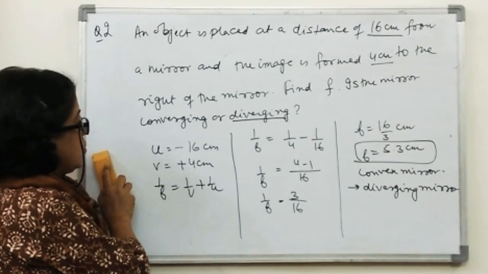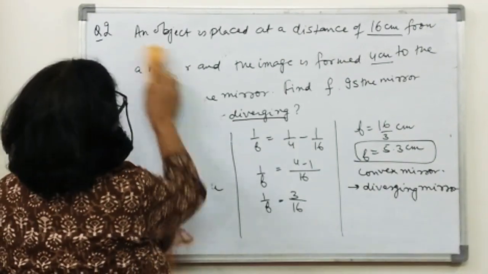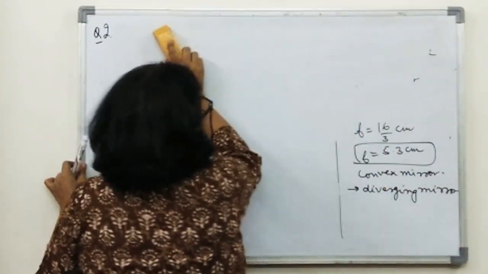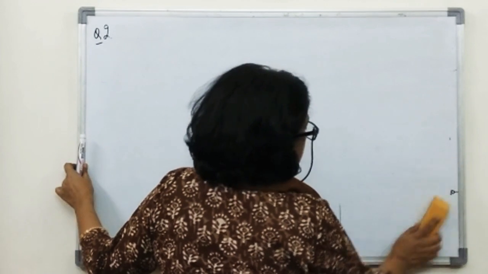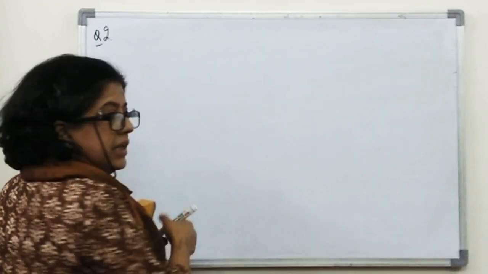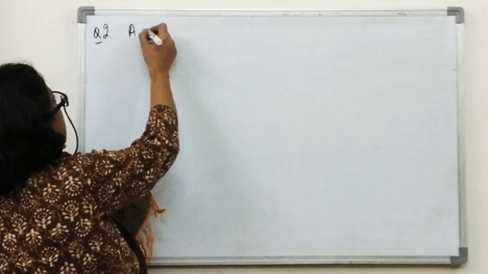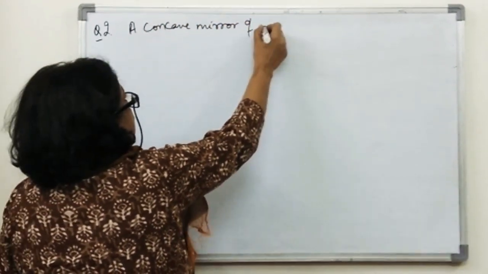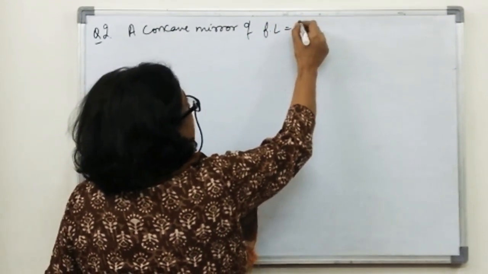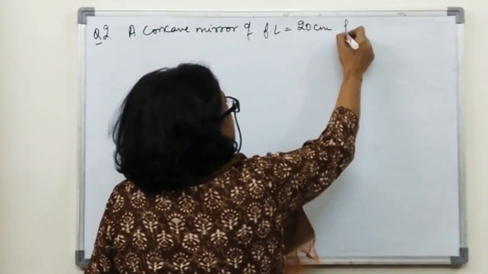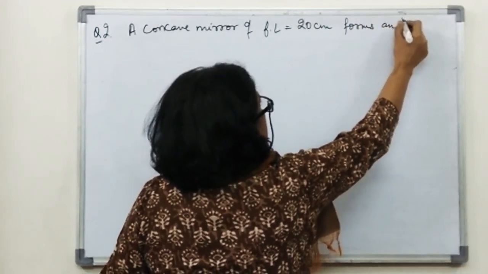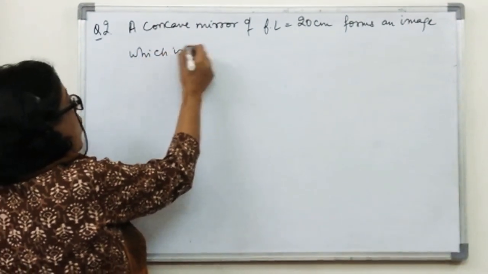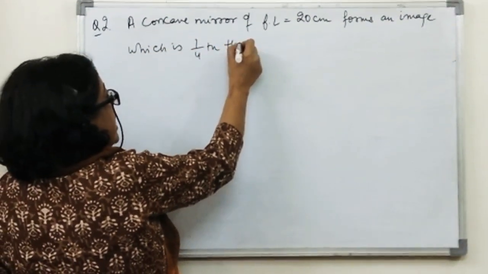Let's move on now to the next question. Now the next question is, we have a concave mirror of focal length 20 centimeter that forms an image which is 1/4 the size of the object.